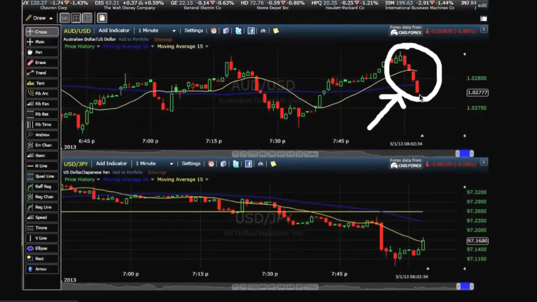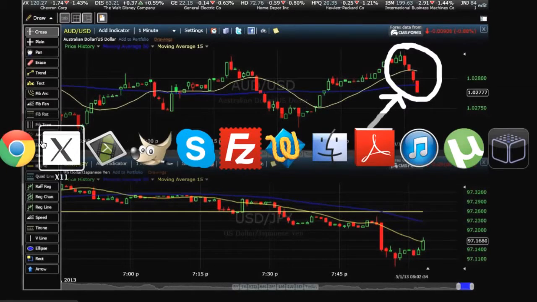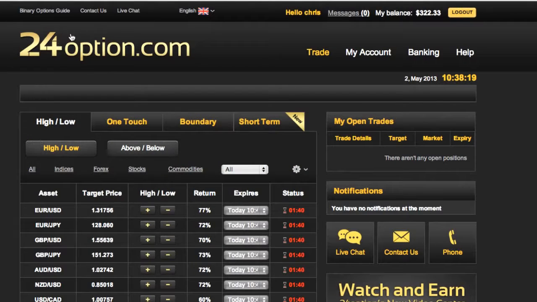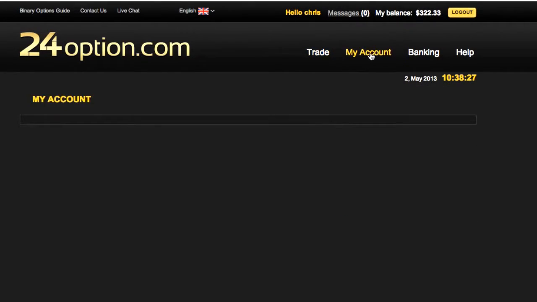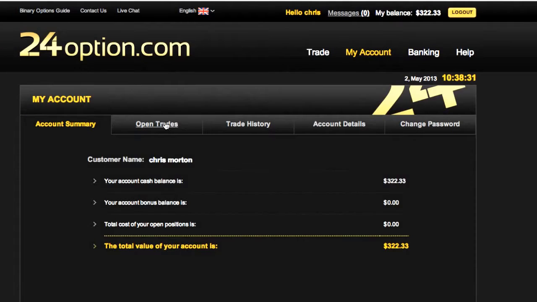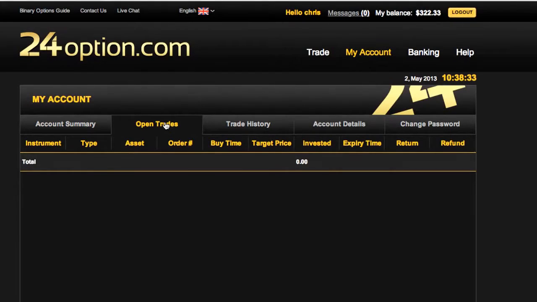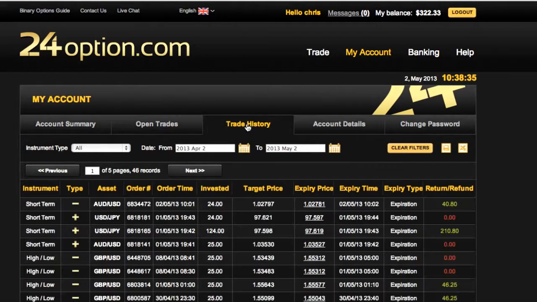I'll bring up the window here. I'll just go into my account, open trades, trade history, and you'll see here the AUD USD asset.